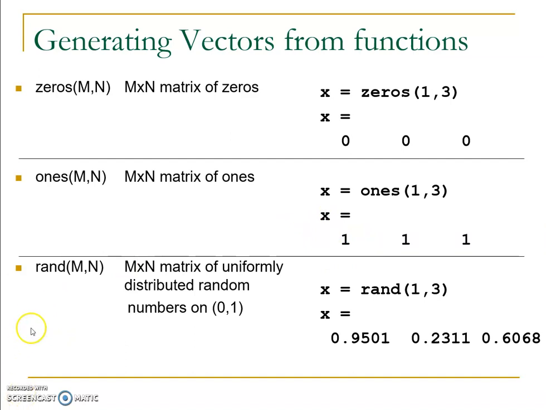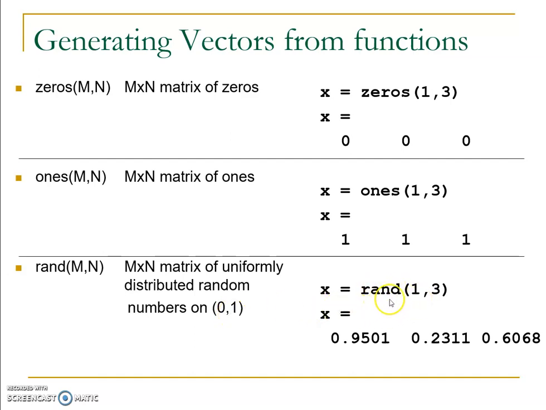Let's go for the next one, that is rand. This is one of the functions to create a matrix with random numbers from 0 to 1.